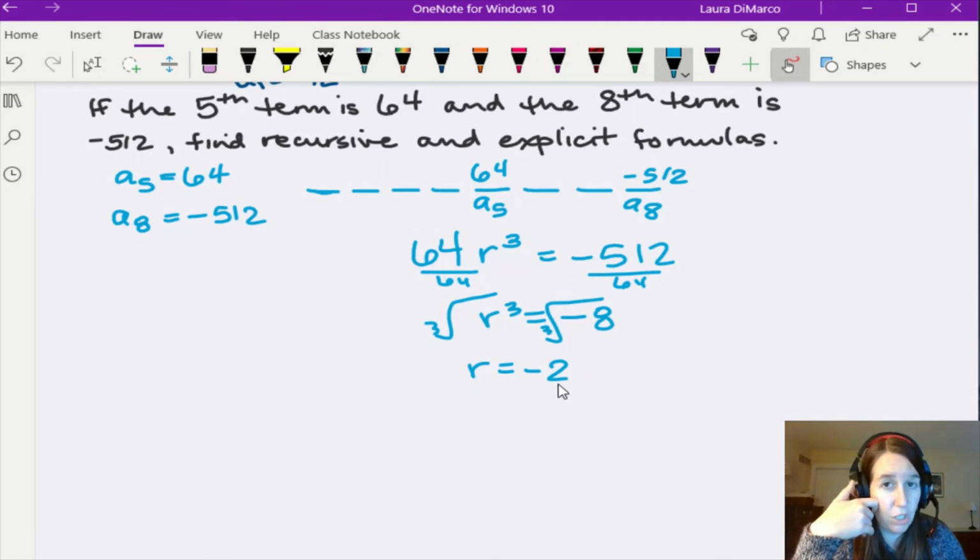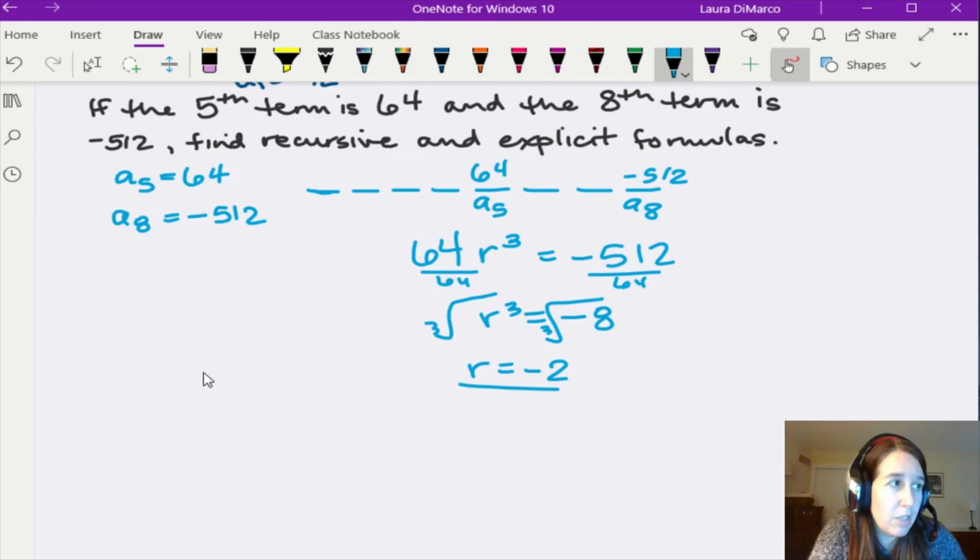Okay, so we found R, and now we still need to find a sub 1, and I don't know if I want to repeatedly divide that many times, 1, 2, 3, 4, I'd have to divide by 2, divide by 2, divide by 2, well, negative 2, negative 2, negative 2, right? So I think I could write my explicit formula.